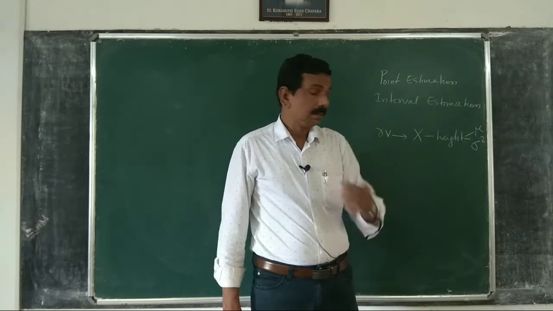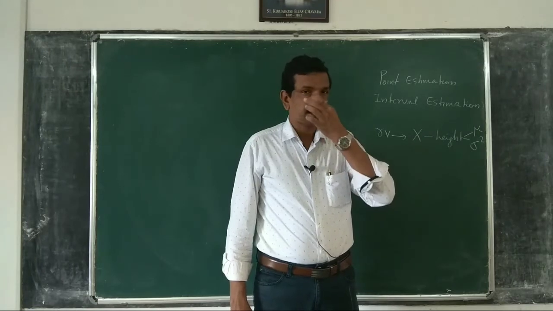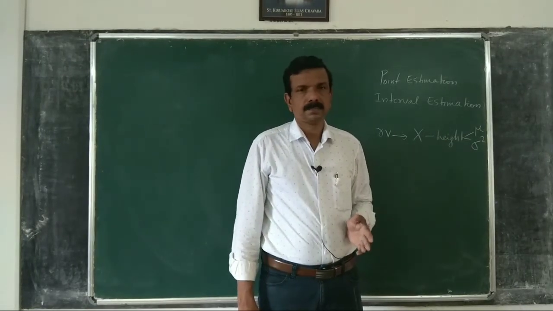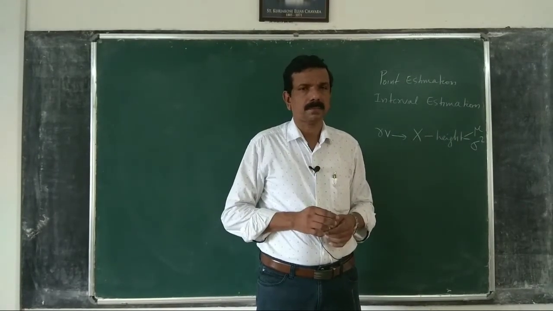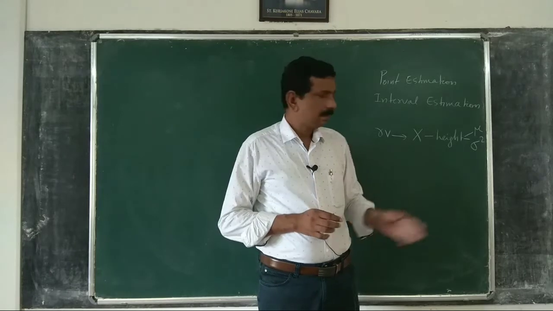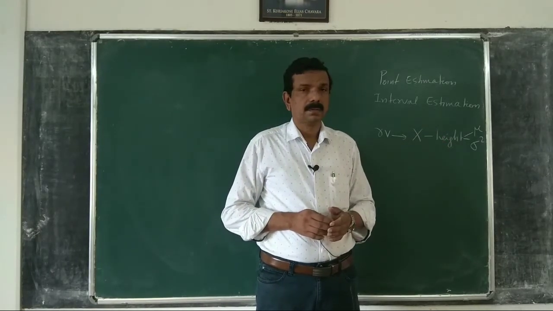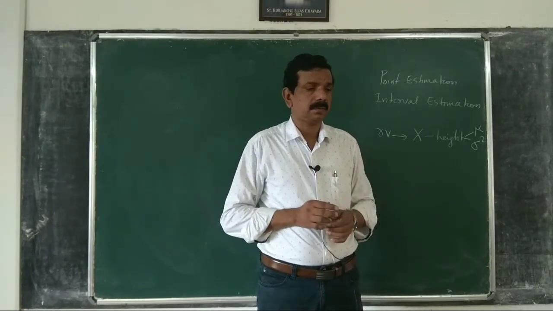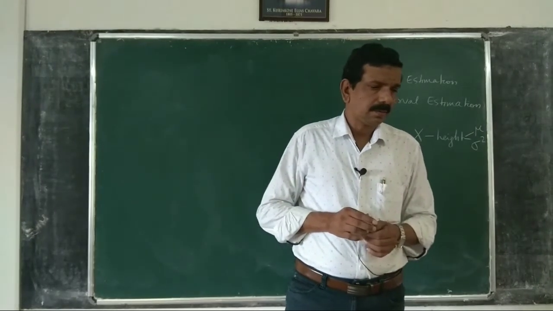Our interest may be to make inference about the average height of the population of a particular community or a particular place, whatever it is. So, the nature of the distribution is known. Parameters are unknown.